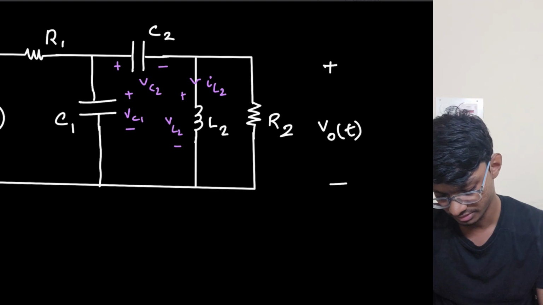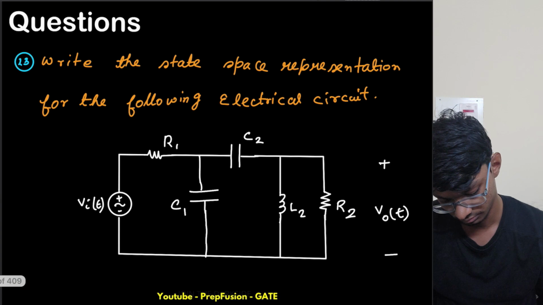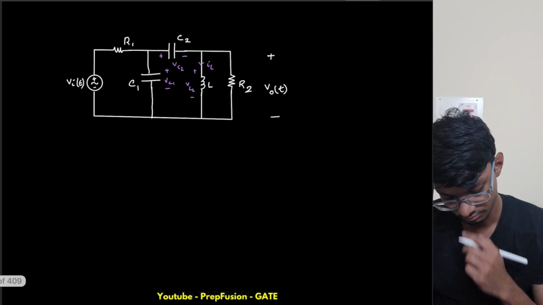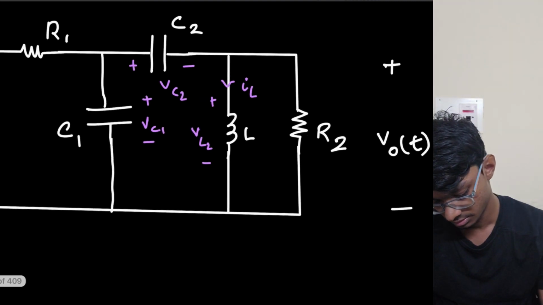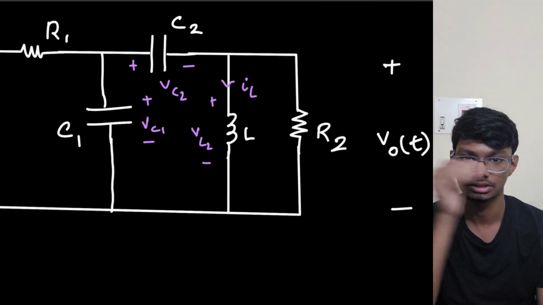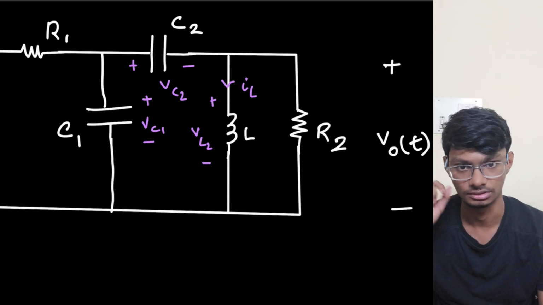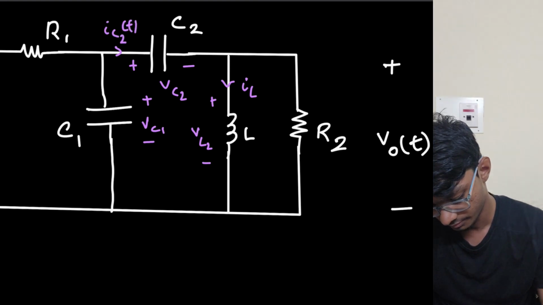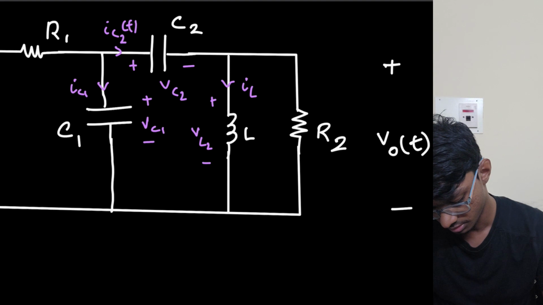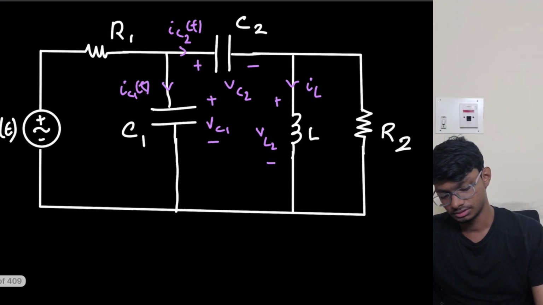I don't know, so let me name this as L only. This is only IL. The convention is that current is coming into the positive terminal of the node. That is my general convention that I already explained to you at the start of the video. So this is IC2 of t, this is IC1 of t, and this is Vi of t only.